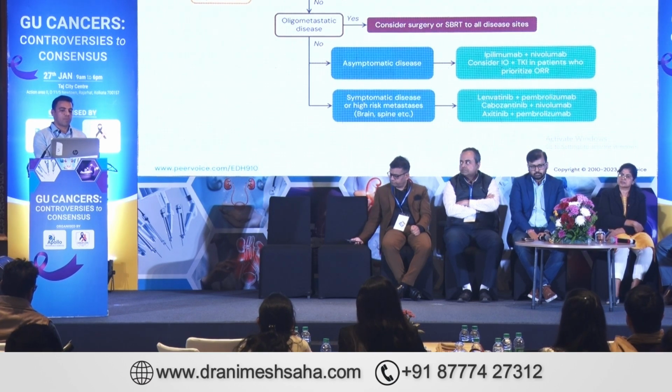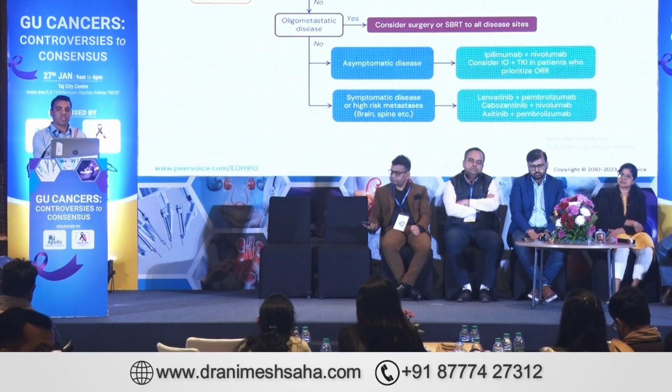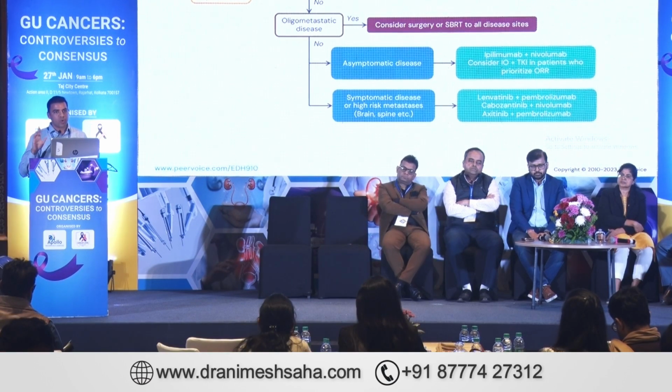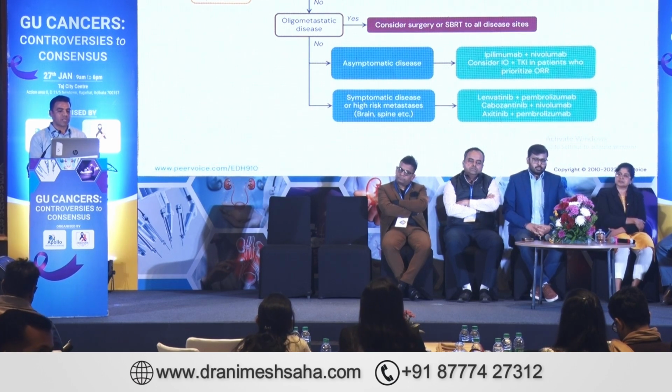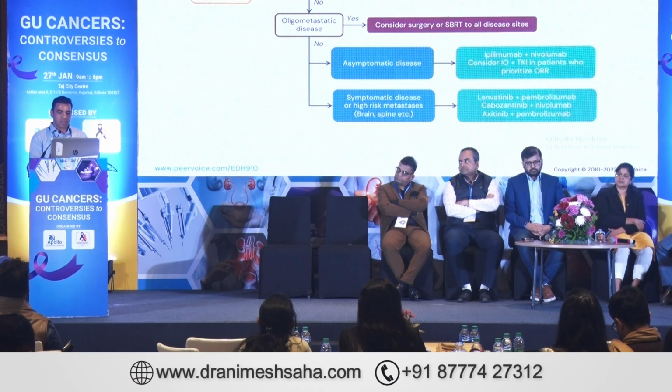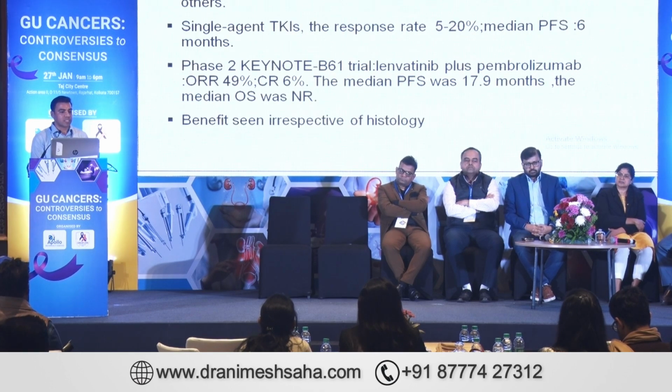In those patients, and also in sarcomatoid and rhabdoid histology, probably nivolumab plus ipilimumab is going to score over the VEGF TKIs and the IOs. And in the other subset of patients, whether it is asymptomatic or symptomatic disease with intermediate and poor risk, nivo plus cabozantinib, lenvatinib plus pembrolizumab, axitinib plus pembrolizumab are decent options.